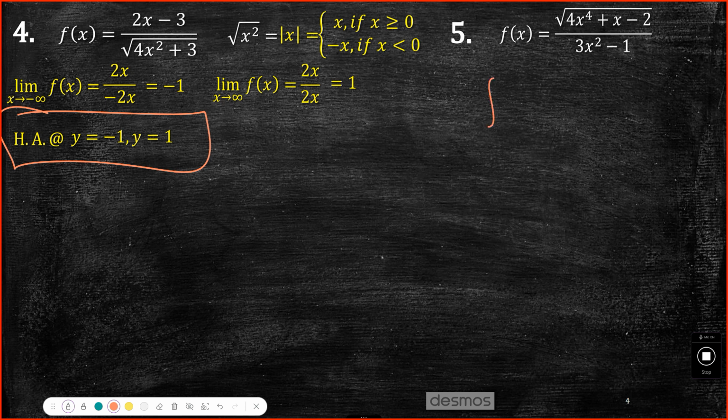Hold on, let's go. F of x equals, and at infinity, these numbers become nothing, almost. And this 4x to the fourth is going to grow so much faster compared to x that I'm going to go ahead and also ignore this x.